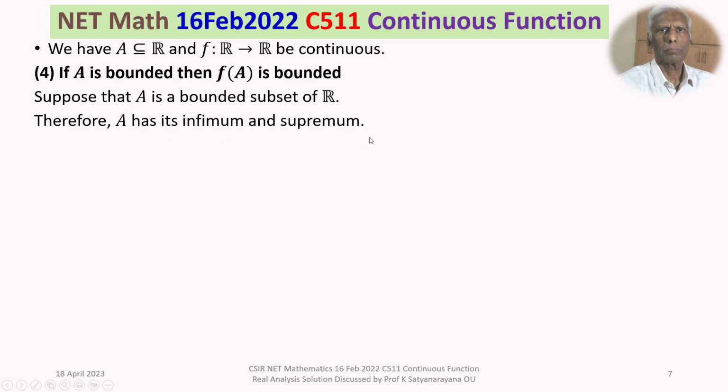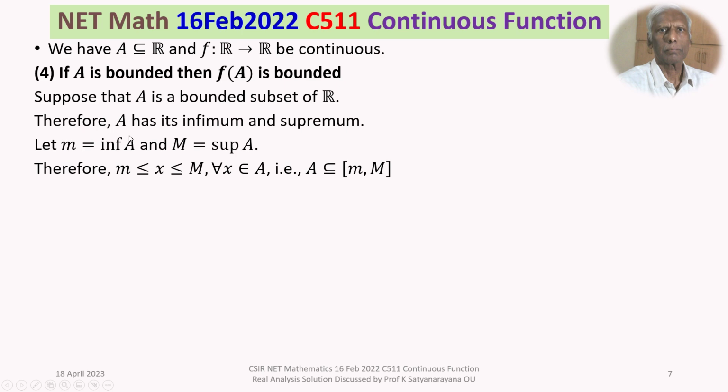Let small m be the infimum of A and capital M be the supremum of A. That means small m is less than or equal to x, which is less than or equal to capital M, for all x belonging to A. That means A is a subset of the closed and bounded interval [m, M].